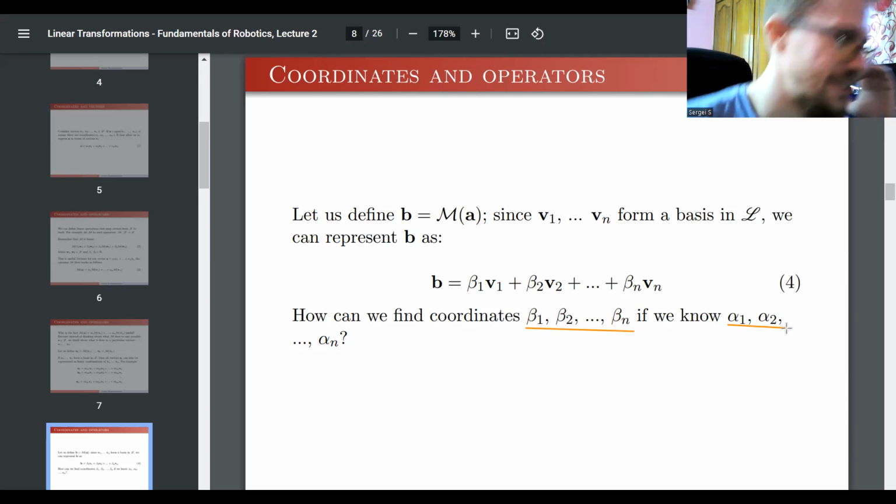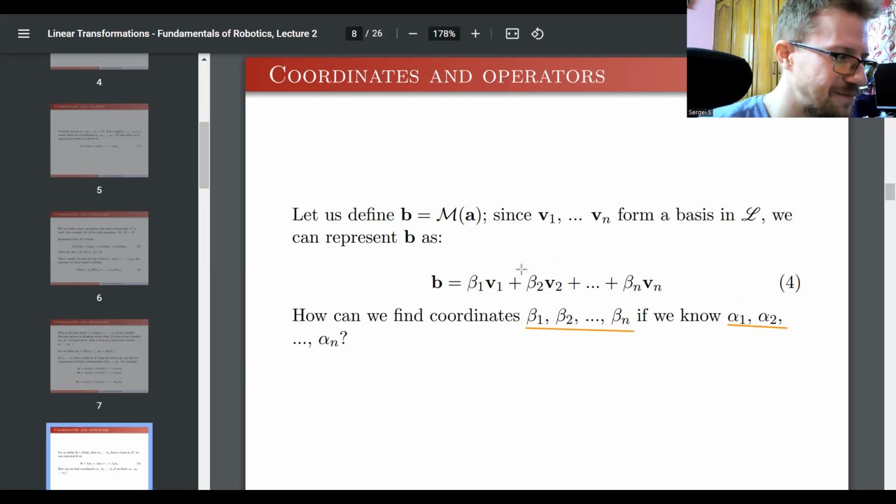I don't know if this question makes sense, but what I'm asking is, in terms of coordinates in this basis, what is the relation between the output of the operator and the input of the operator? So we have the transformed vector B represented by its coordinates in this basis, and we have the original vector A represented by coordinates in this basis. What is the relation between the two?